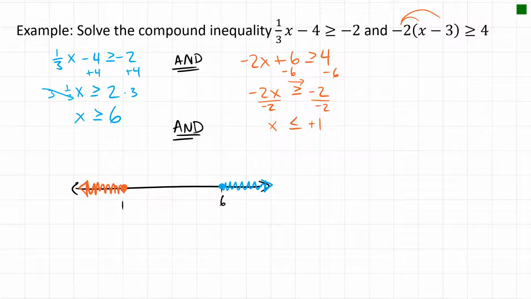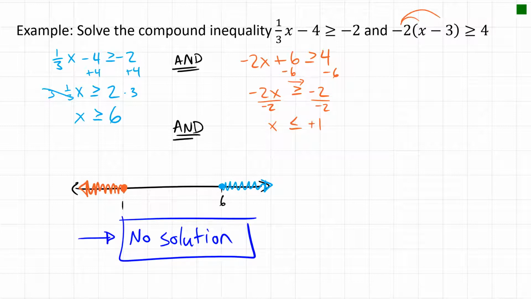That's what and means, one and the other. So there is no solution. That is our answer to this compound inequality. No solution. So if there isn't a region that satisfies both of the two inequalities, we say no solution, and that's a type of result you should expect in some of these compound inequality problems.